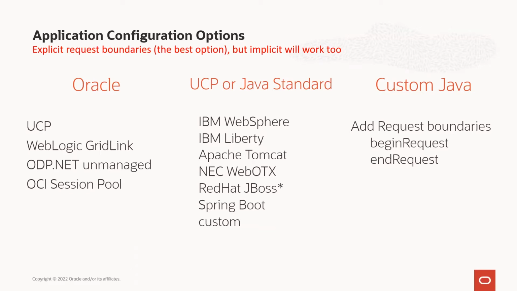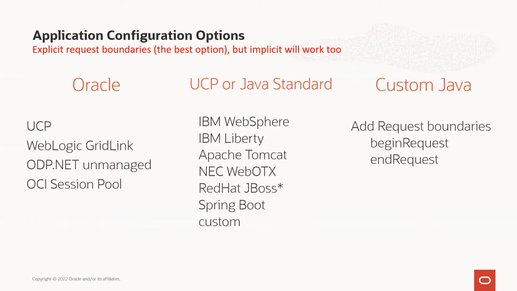If you're not using any of those explicitly, but you want to use an application server of some sort, which typically uses Java, then you probably want to use UCP, because UCP can be configured to work with any of these other Java application servers.